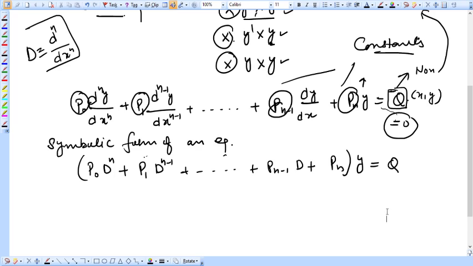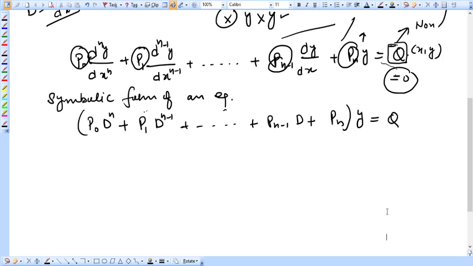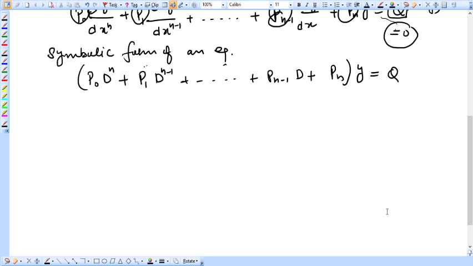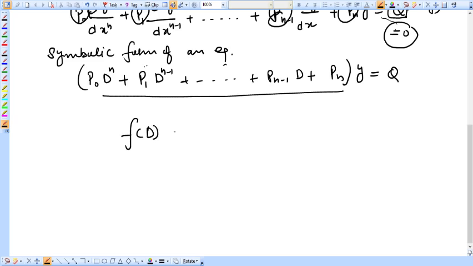This form is known as the symbolic form of the given differential equation. This whole thing is a function of D, so we write it as f(D) y, where f(D) is equal to p naught D^n plus p1 D^(n-1) plus so on.